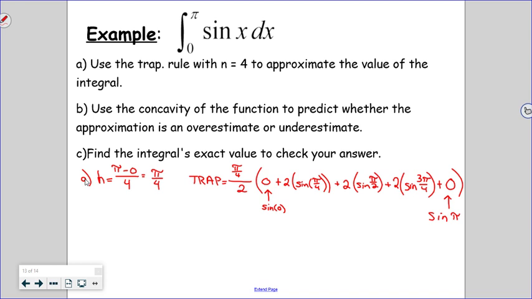Well, you guys are typing that in and getting me a decimal approximate here. Our decimal approximate should be whatever. Let's see, this would be that.